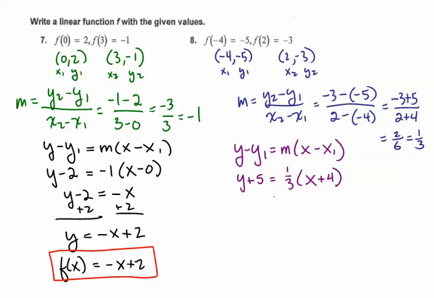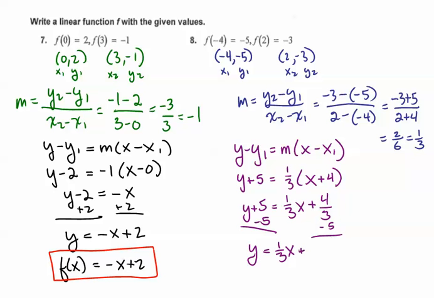We have to simplify out, and we get 1/3 x plus 1/3 times 4 is 4 over 3. Y plus 5. We need to subtract 5 on both sides. Now, this is going to give us a little difficulty here. Y is equal to 1/3 x plus 4/3 minus 5.